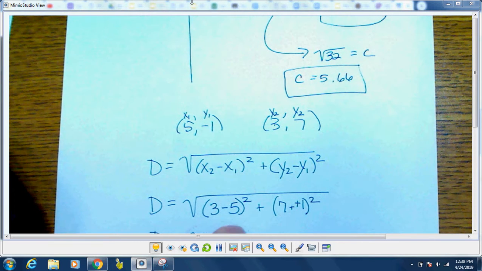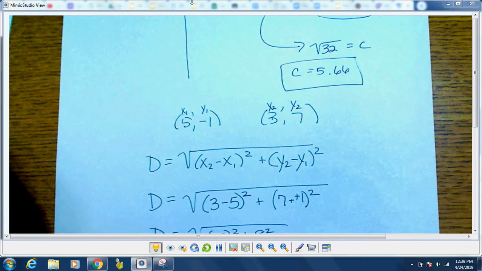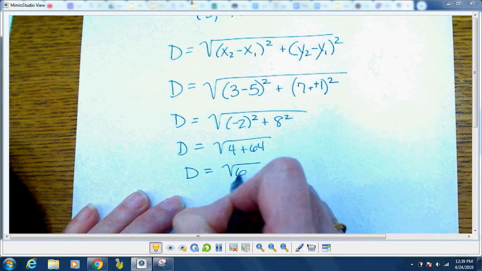So distance, it's -2 squared plus 8 squared. So it's the square root of 4 plus 64 equals a square root of 68.